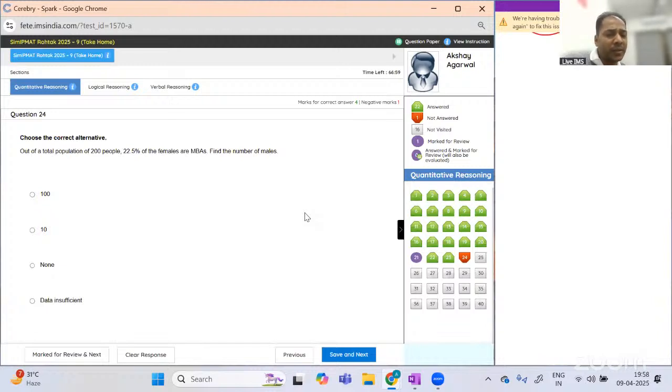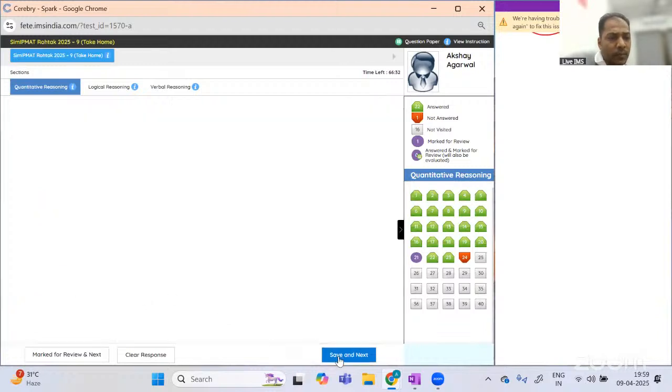The number of females could be any number divisible by 40, I guess. There could be 40 females, 80 females, 100 females, any number of females. I think, yeah, this is data insufficient for sure.